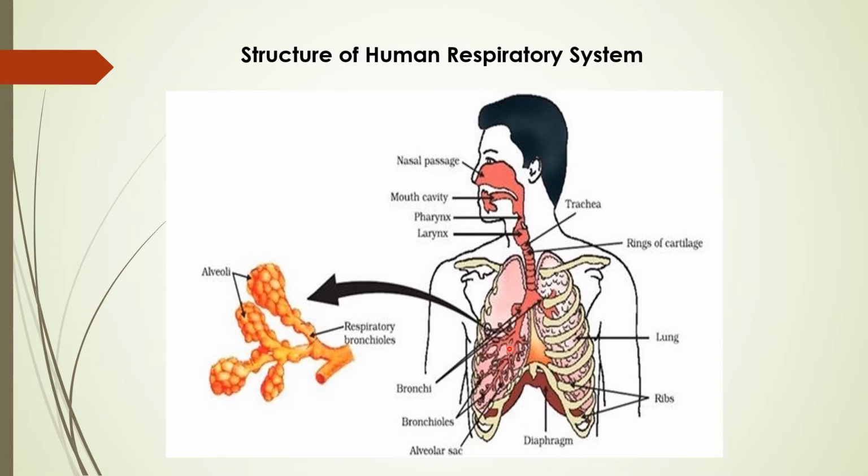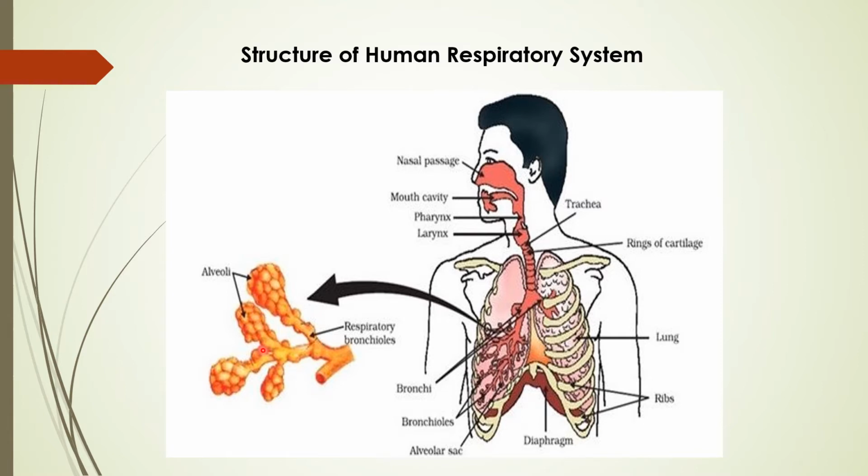Again these bronchi subdivide into small tube-like structures that we call bronchioles, and each bronchiole finally terminates into an alveolar sac. You can see in this diagram the alveoli, or alveolar sacs.